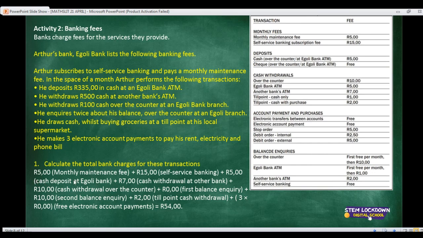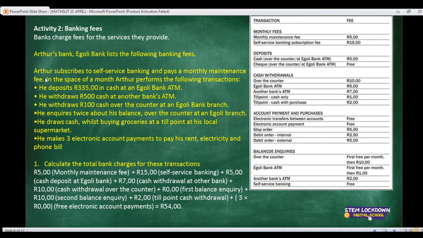The first one we are told there is that he pays a monthly maintenance fee. So we go look, monthly maintenance fee is 5 rands. That's the first one, 5 rands. Plus, what's the next one he does? There's the self-service banking. Why are we choosing self-service banking?